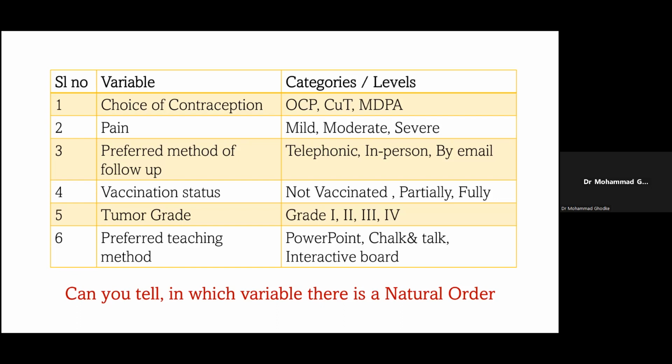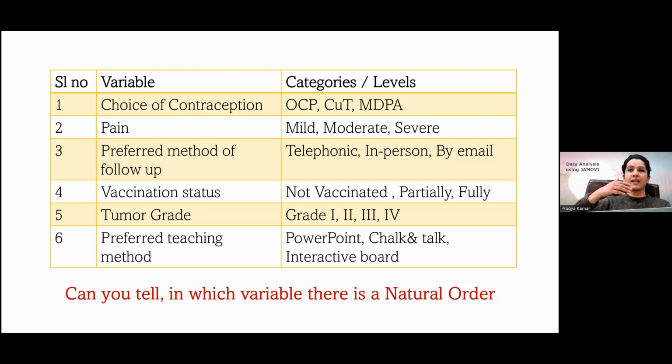Ma'am, it will come in the nominal category. But why? It depends. If you are treating it as fully vaccinated, it is in order, more than non-vaccinated, if you're taking the outcome as a positive outcome.